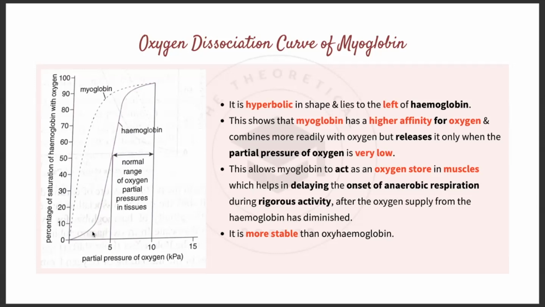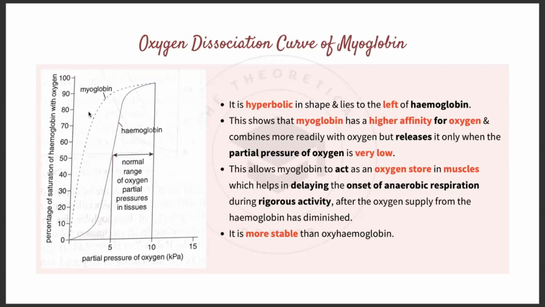Usually when a person is doing extreme rigorous activity and they have used up most of their oxyhemoglobin, the myoglobin comes in. This is usually when the partial pressure of oxygen is really, really low, to the point that oxygen can dissociate from the myoglobin.